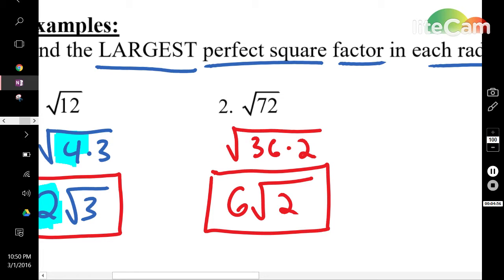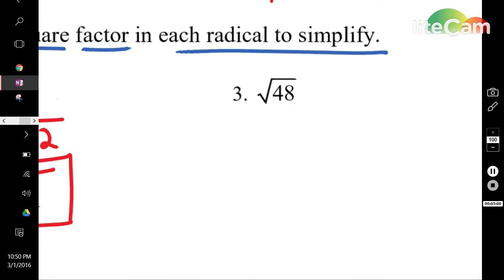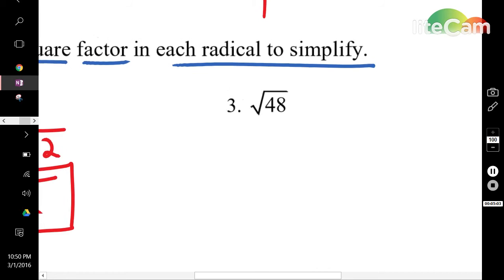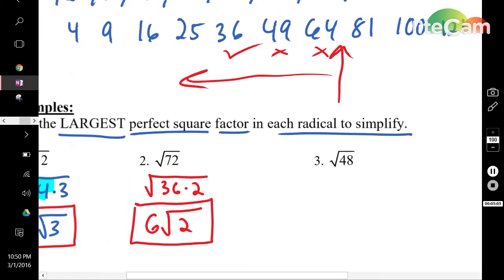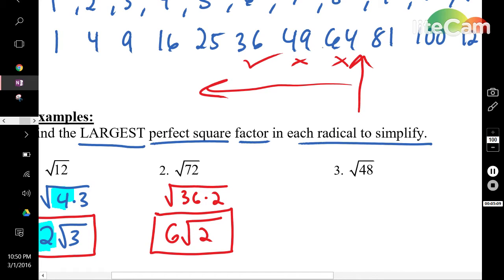Let's do another example. Number 3, the square root of 48. You need to find the largest perfect square that goes into 48. So starting at 48, 49 is too big, 36 does not go into 48, 25 does not go into 48, 16 does go into 48.